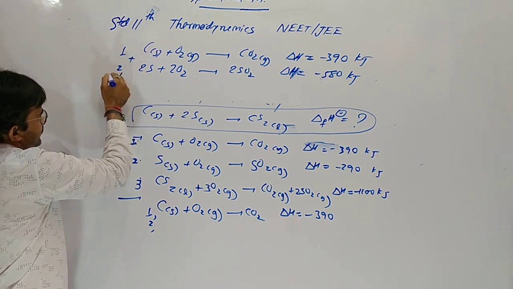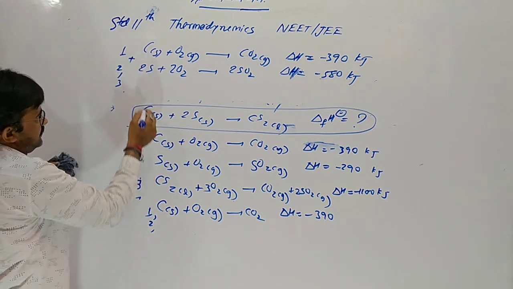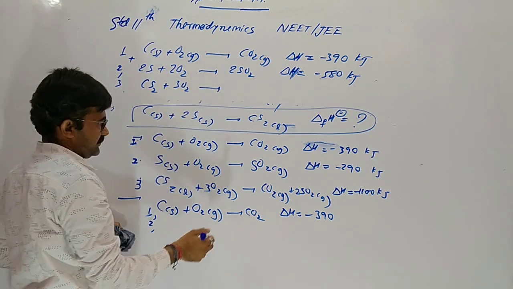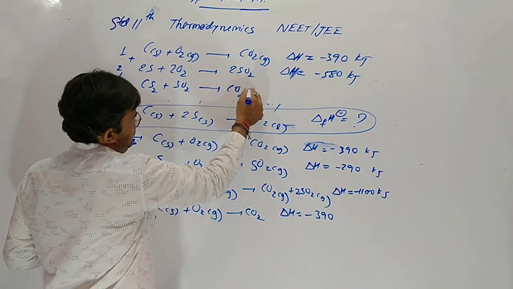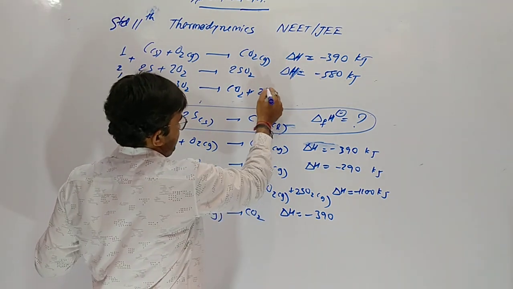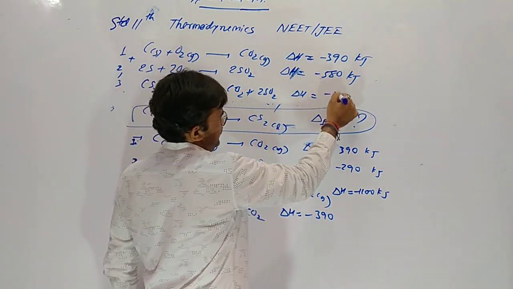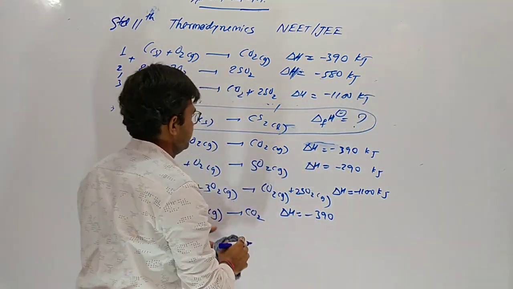Then third we are subtracting. So third one CS2 plus 3O2 gives CO2 plus 2SO2. Here value of delta H is minus 1100.